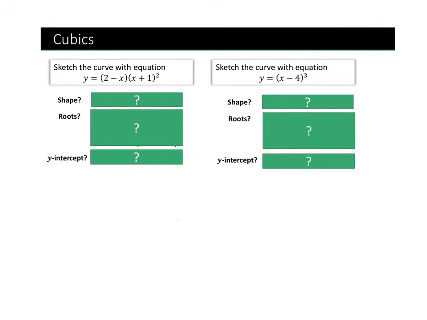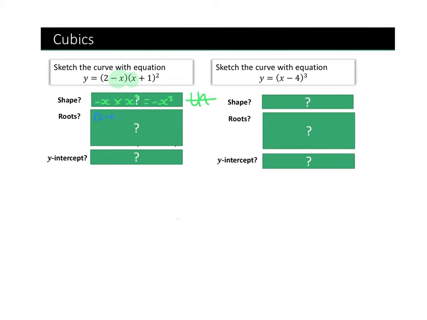Oh God. So then, let's have a look. To find the shape, we need to know, is it positive or negative? We have a negative x times a positive x squared, okay? So that actually means I've got negative x times x squared, which is negative x cubed. So I know it's a negative shape, so it's going to look like that. Then my roots is, when does each bracket equal 0?